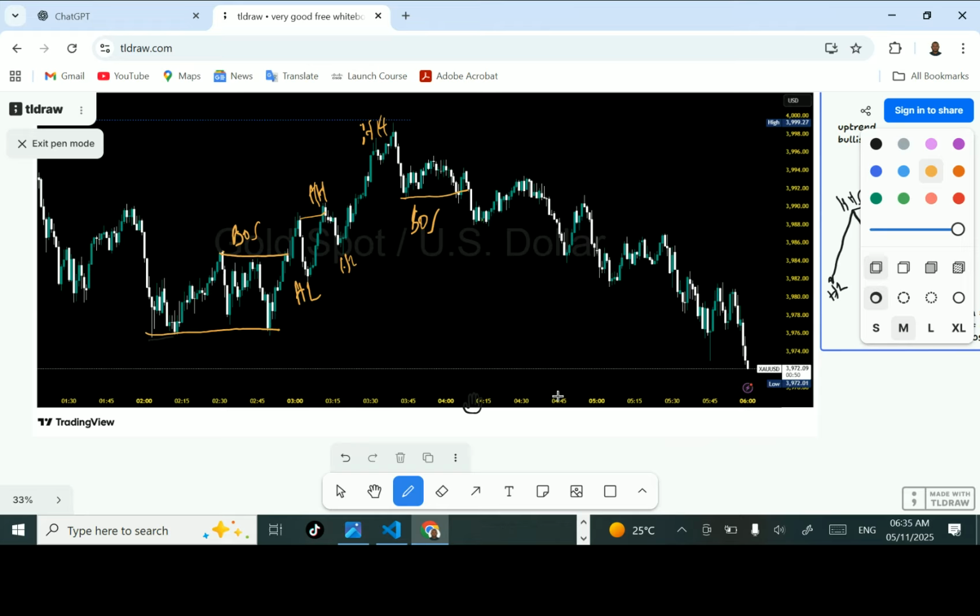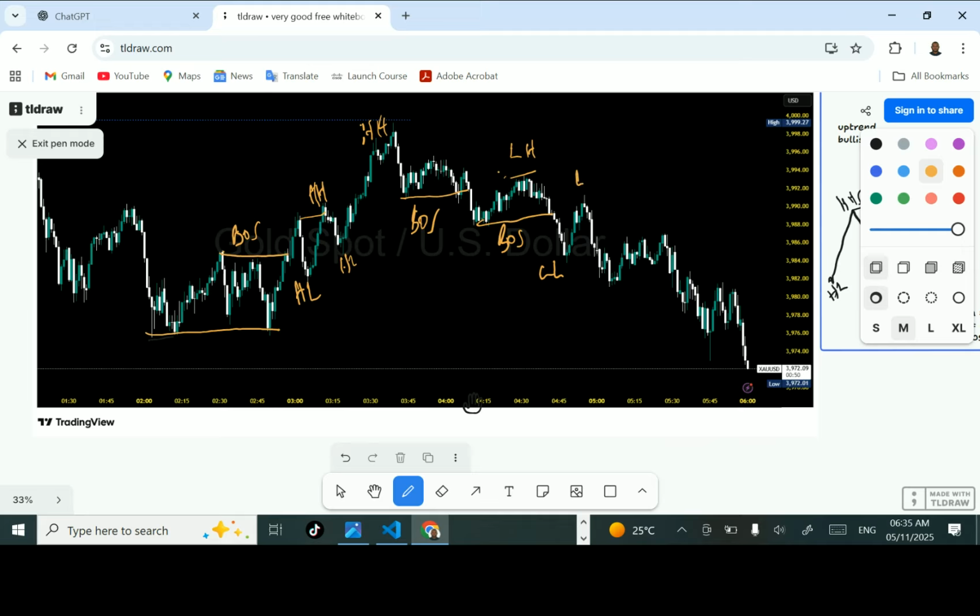And after breaking this structure, it pulled back here and it formed a lower high. Then it continued to break structure, BOS, and it formed a low point.